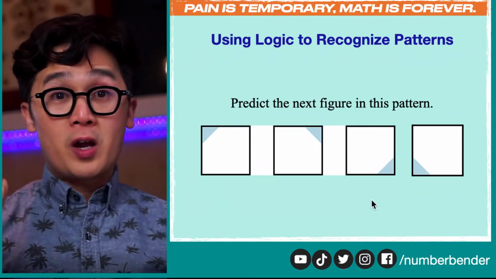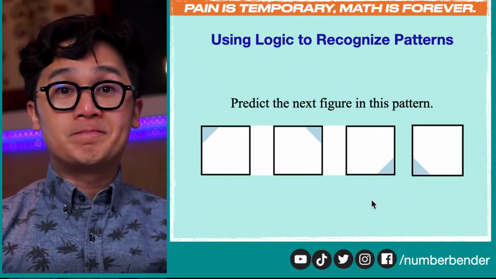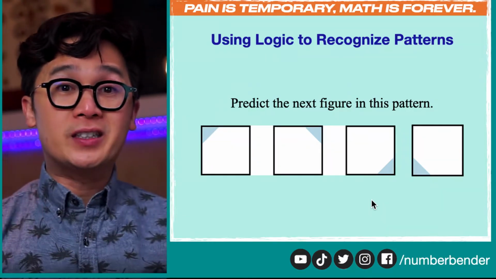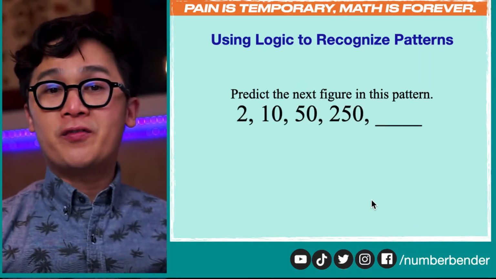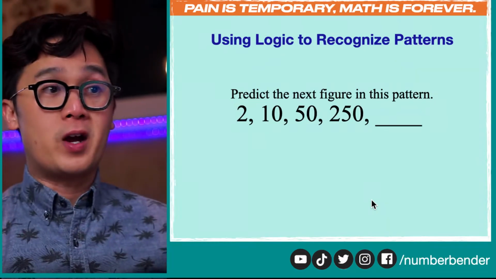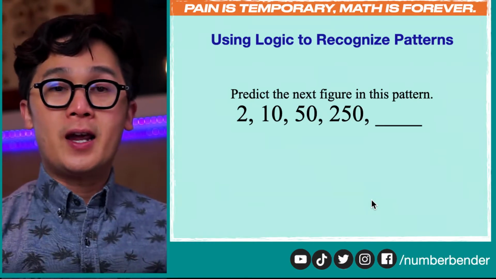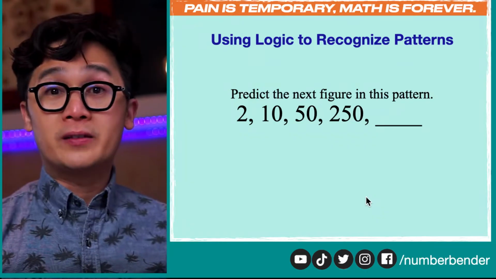This is one way on how we answer mathematical problems when there's no formula or formal procedures involved in our work. So let's say we have a sequence of numbers similar to this one: 2, 10, 50, 250. What do you think is the number after 250?